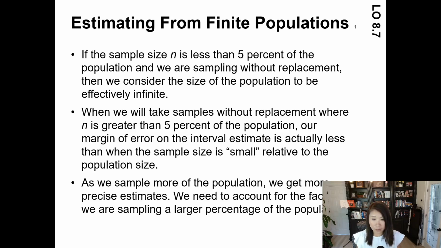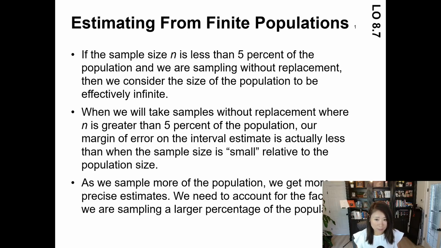And after that, let's say we consider it a finite population. Is there anything we can do with the three confidence intervals we already did? Because if we do have a finite population, that means our sample size is large enough, and maybe we need to make our confidence interval a little bit narrower, right? Because we are able to get more precision in our estimation, our intervals.